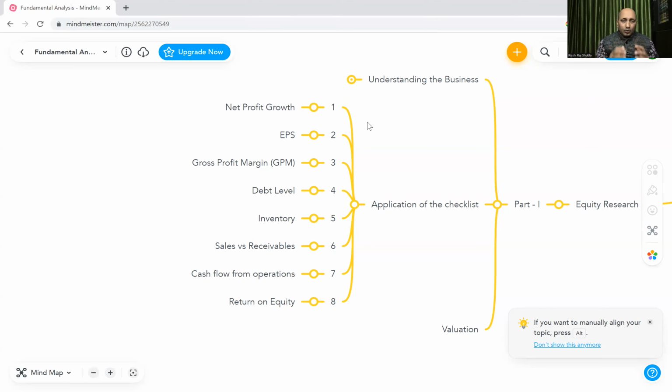If the competitors' ROE is in sync with this company, then it is good. Or better than competitors, then it is even better. So we have to compare all these parameters along with their competitors also. So let us see some examples.